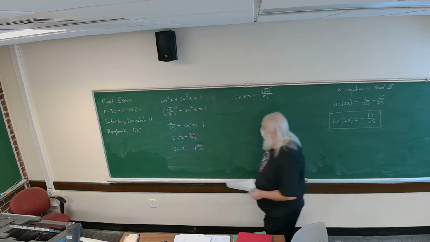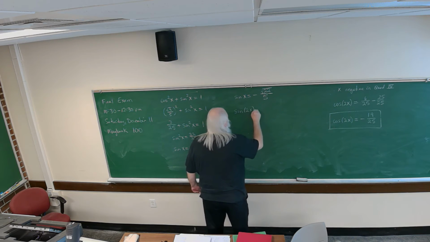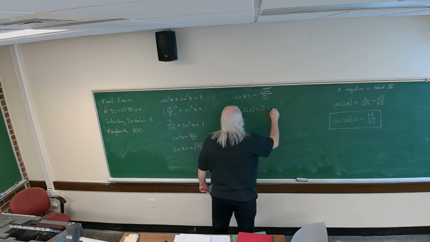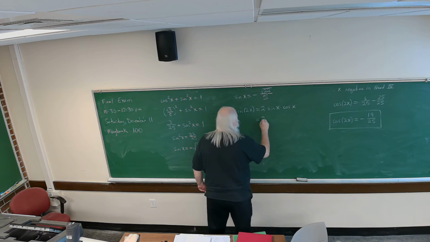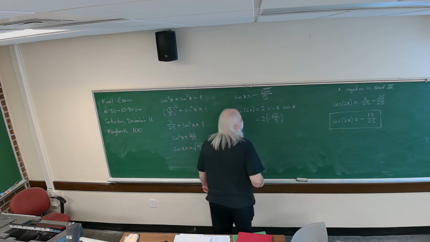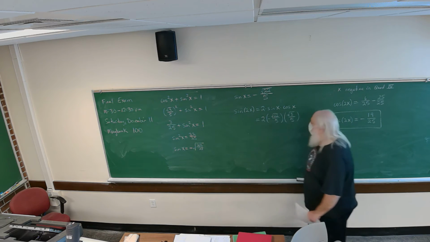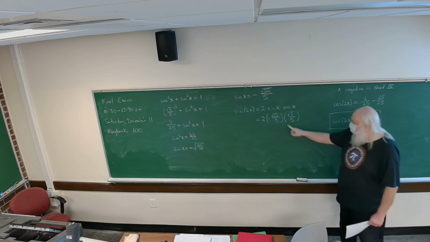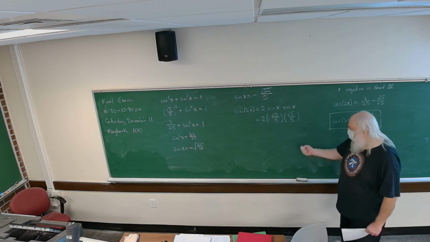And now we can calculate the sine of 2x. It's equal to 2 times the sine of x times the cosine of x. And so the sine of 2x is equal to 2 times minus root 22 over 5 times root 3 over 5. Now it's arithmetic.